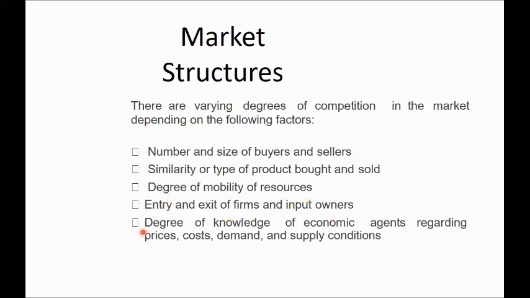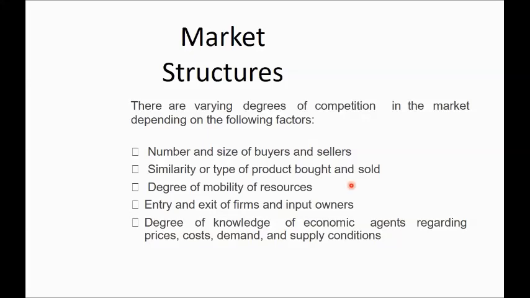The last factor is the degree of knowledge of economic agents regarding the prices, the cost, and the demand and supply conditions. These are the factors in the degree of competition in the market.